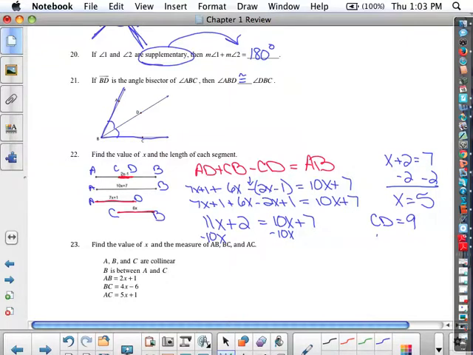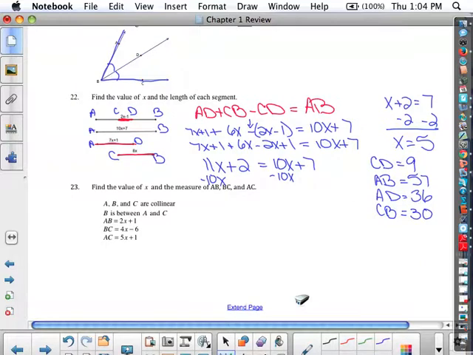Then the length of AB is equal to 10 times 5 plus 7, which is 57. AD is then 7 times 5 plus 1. 7 times 5 is 35 plus 1 is 36. And then CB, 6 times 5, which would be 30.